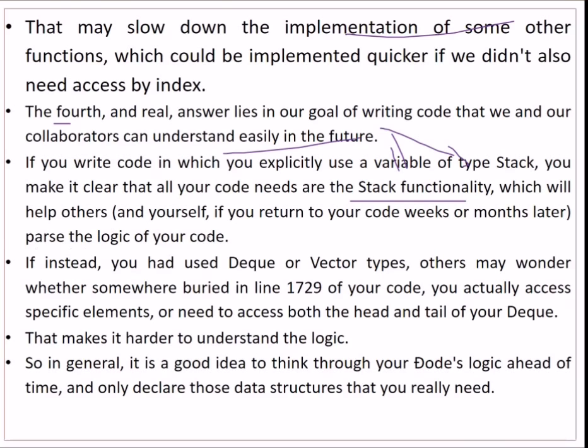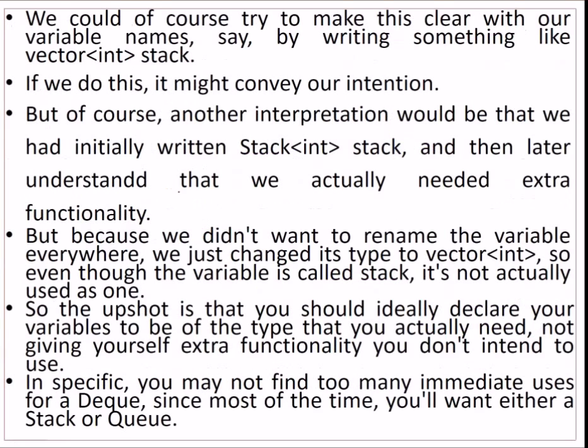If you had used deque or vector types, others may not know whether you actually access specific elements or need to access both the head and tail. This makes it somewhat harder to understand the logic. If you provide students a deque at the first go, they will not be able to understand properly. So in general, it is always good to see the logic of both of them.